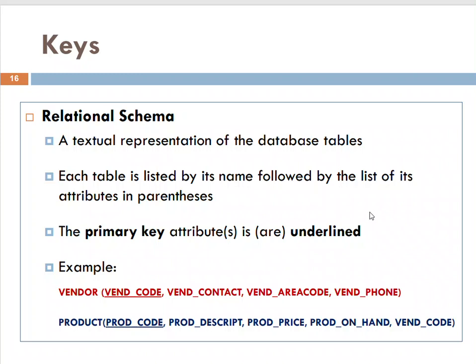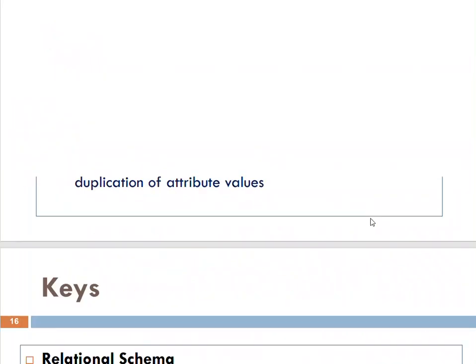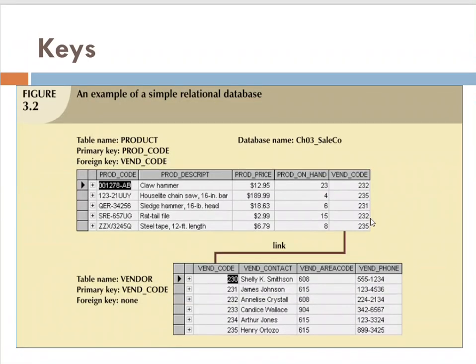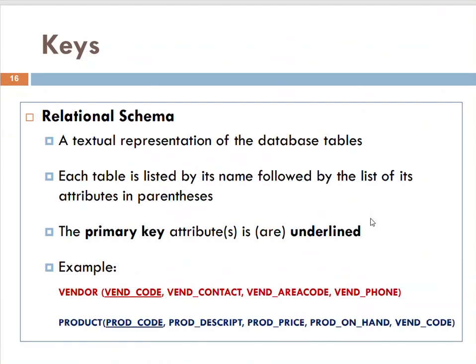Okay, caranya, you write the table name, vendor. Okay, then you open bracket. Okay. And then vendor code, you write the first one. Okay, refer to the table, vendor code, vendor contact. Now, comma, vendor contact, vendor area code, and vendor phone.